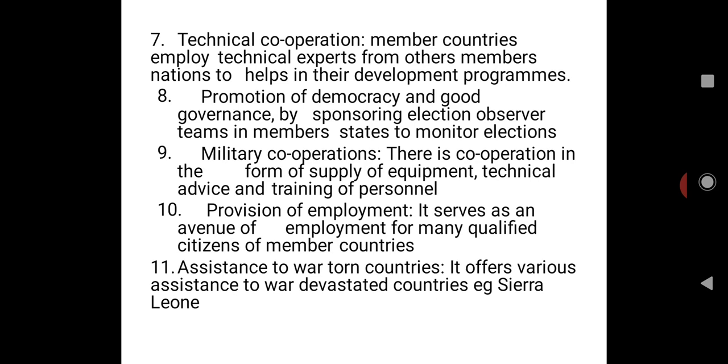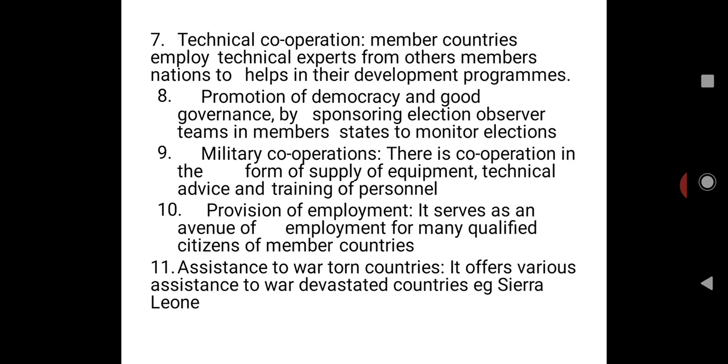Again, there is technical cooperation. Member nations employ technical experts from other member nations to help them in their development programs. For example, if Nigeria needs help in the area of science and technology, they can ask such help from India as a member.